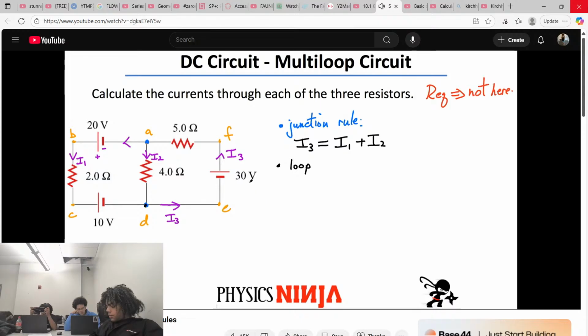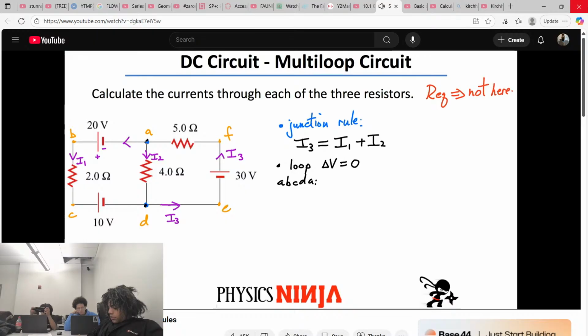I'm going to start with the loop A, B, C, D, and then back to A. If I choose that loop and sum all the voltages across the batteries and resistors, and come back to the same point, the loop rule says you sum all those potential differences across every element, and at the end there should be no change in electrical potential.